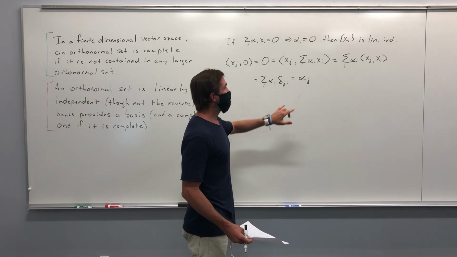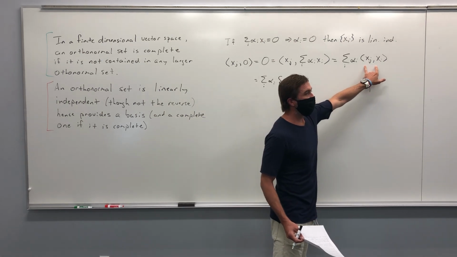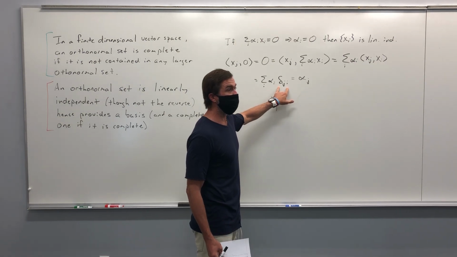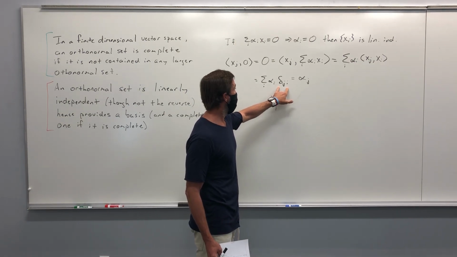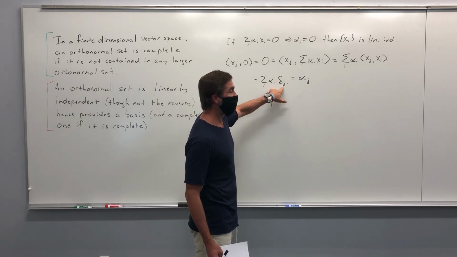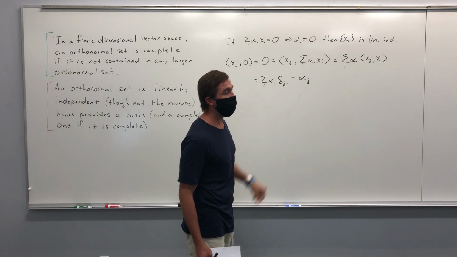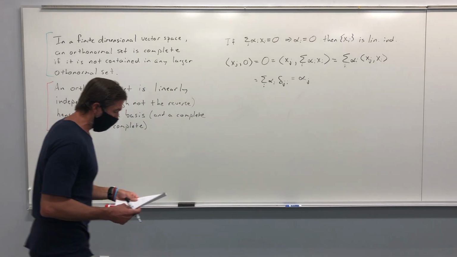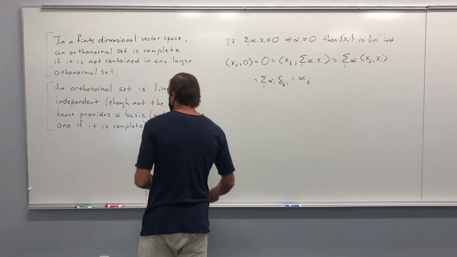The inner product of xi, xj, if these are orthonormal, is just delta ij. 1 if they're the same, and 0 if they're different. And that's why this becomes alpha j, because it's 1 if j is equal to i, and 0 if they're different. So you only get one term out of that sum. Okay?